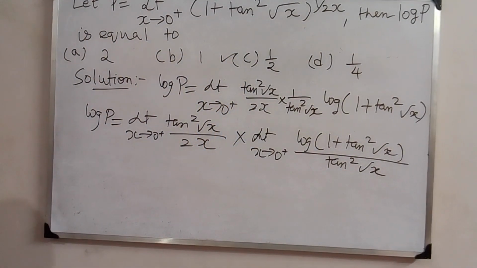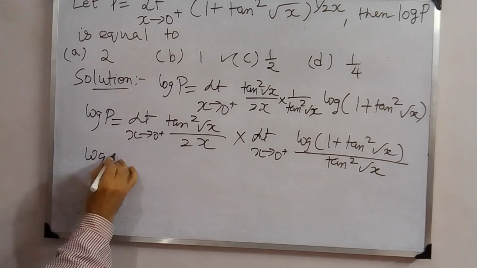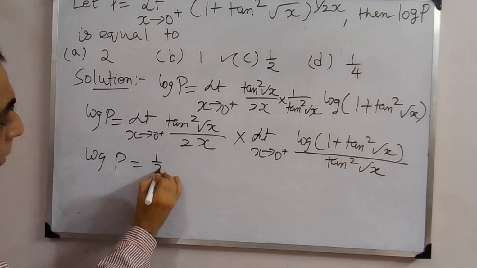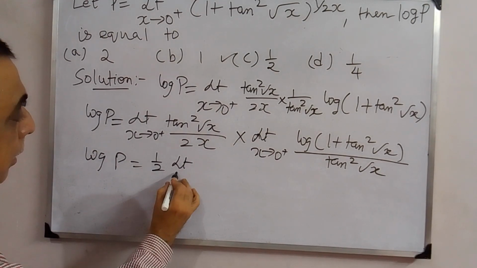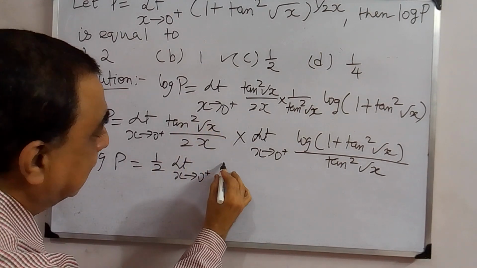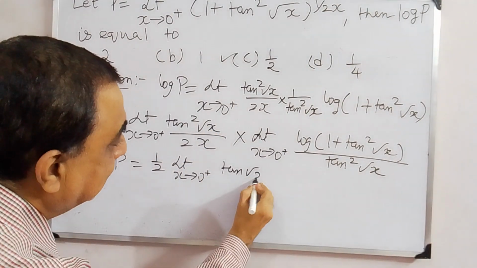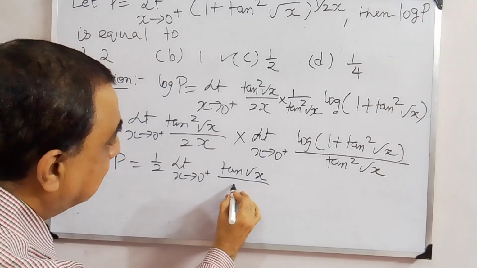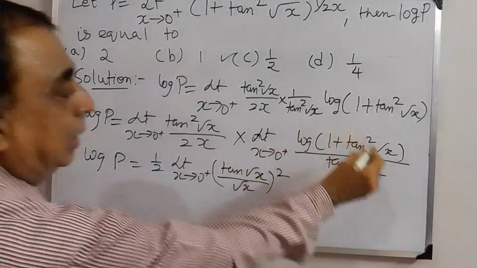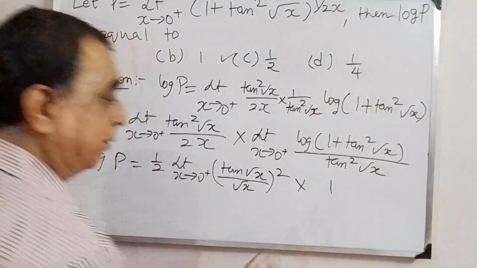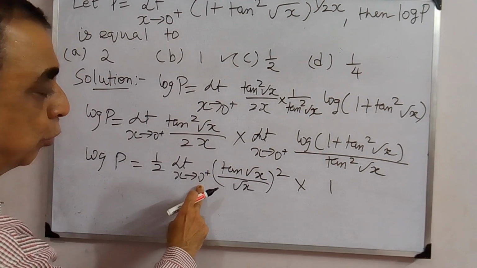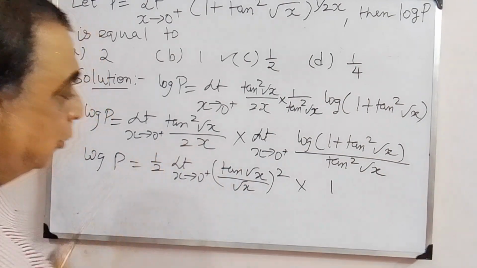So here log p becomes, with 2 as the constant taken out of the limit, half times the limit as x tends to 0 plus of 10 root x divided by x, where I write x as root x whole squared. This limit is 1, and 10 root x by root x value is 1.